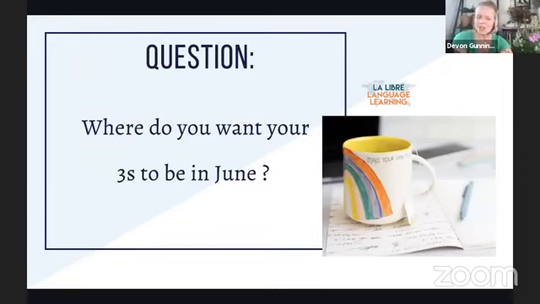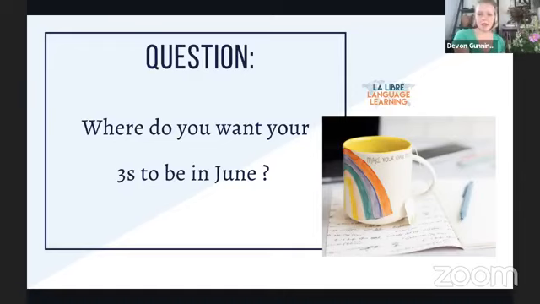Where do you want your 3s to be by the time June hits, by the time they're ready to go home for the summer? Where do you want them to be? That's my question for you. And then I'm going to try and see if I can close out of this so that I can read comments. Okay. So where do you want your 3s to be in June? What is your goal for them?